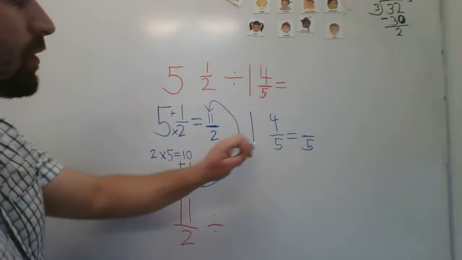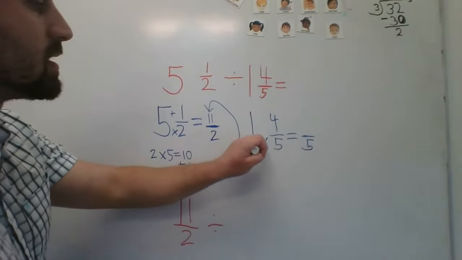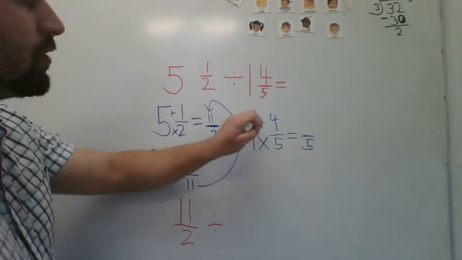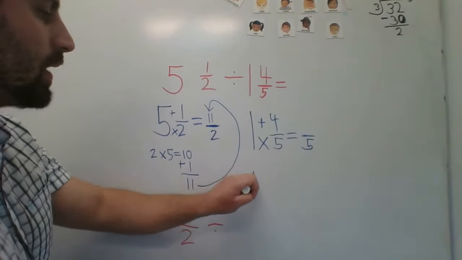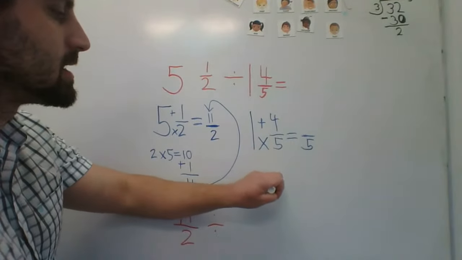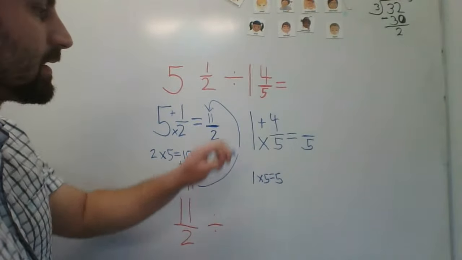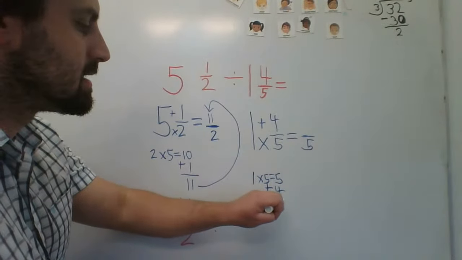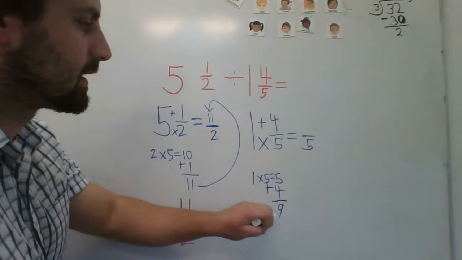Steps 2 and 3, we multiply the denominator times our whole number, and then we add our numerator. So 1 times 5 equals 5. 5 plus 4 equals 9.